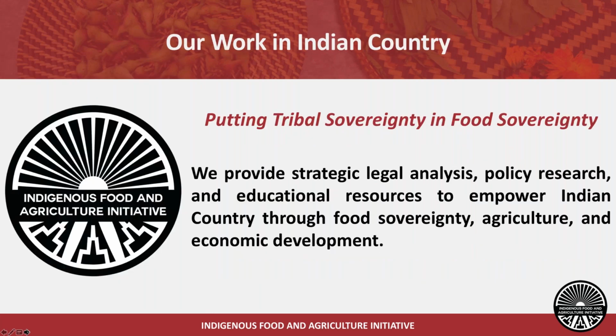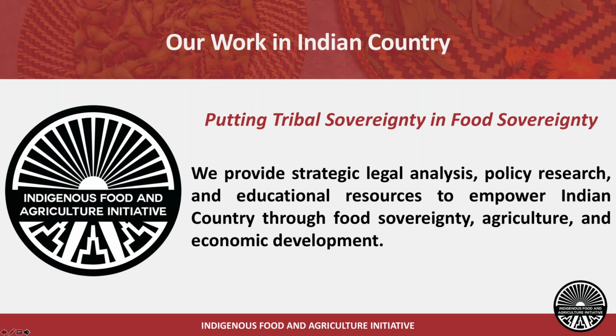To recap the work that we do and put emphasis on things, we provide strategic legal analysis, policy research, and educational resources to empower Indian country through food sovereignty, agriculture, and economic development. We think of it as a three-legged stool, because food sovereignty, agriculture, and healthy economies in Indian country all work together.